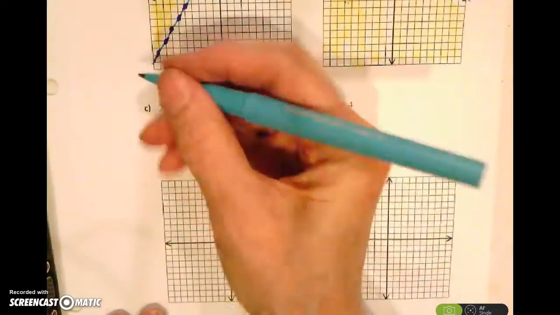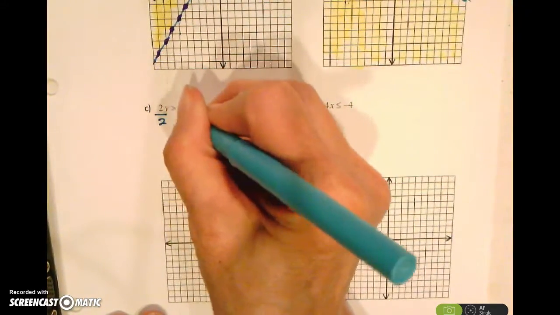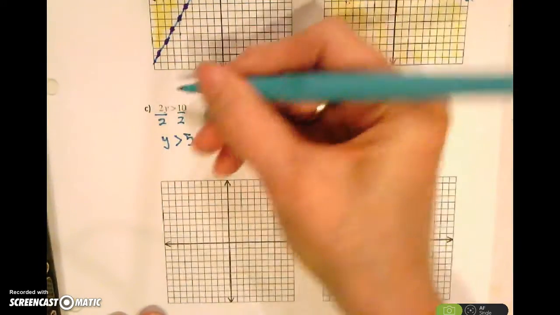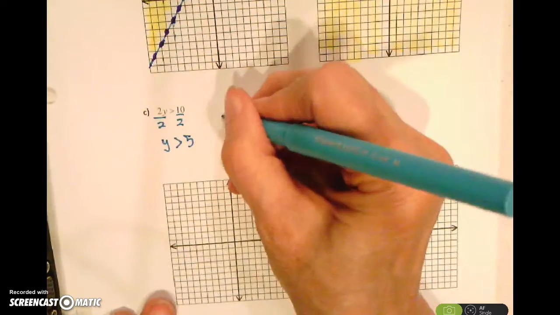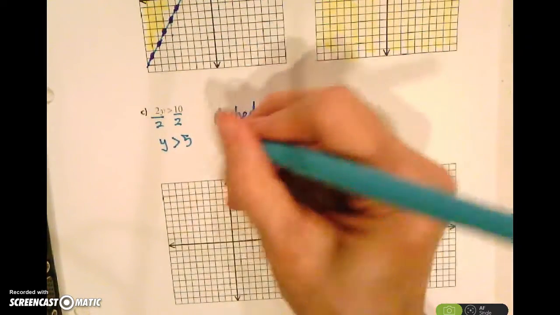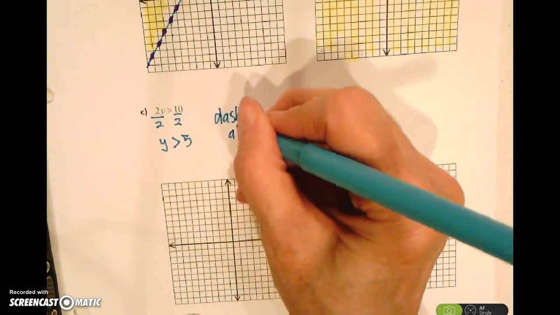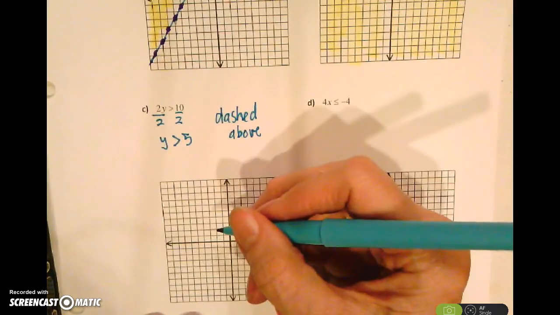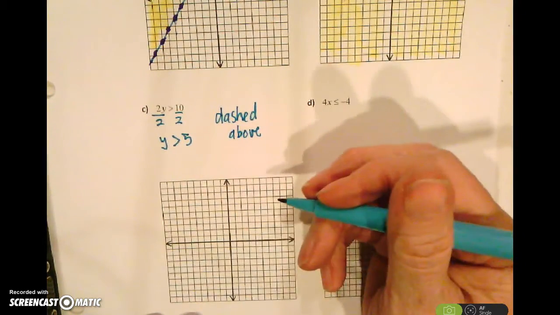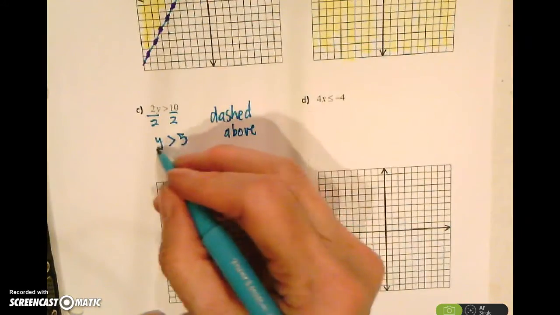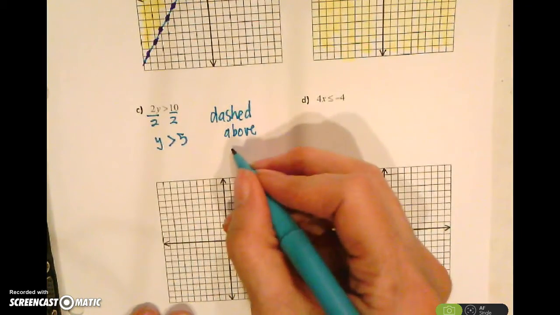So here we're going to solve by dividing both sides by 2. So we have y is greater than 5. It's greater than, so it's going to be a dashed or dotted line, and because it's greater than, it's going to be above. It doesn't have an x. Since y is greater than 5, it's a special case, so I'm going to be graphing the line y is equal to 5.